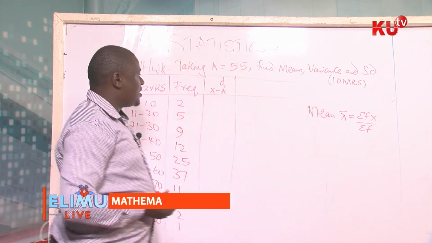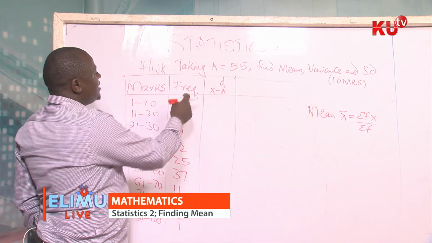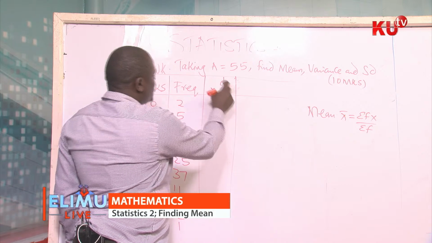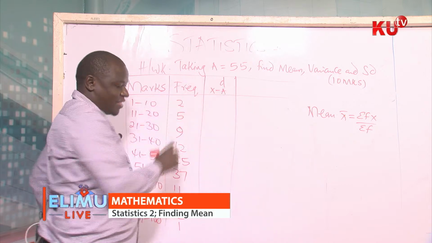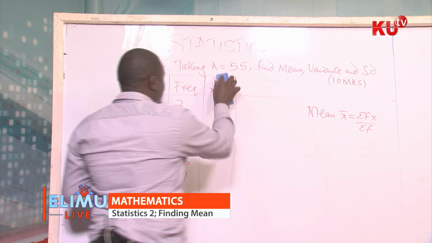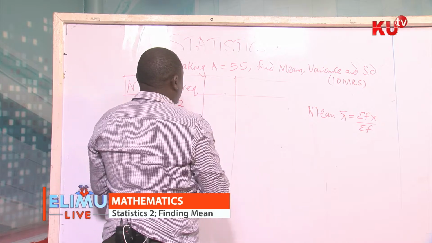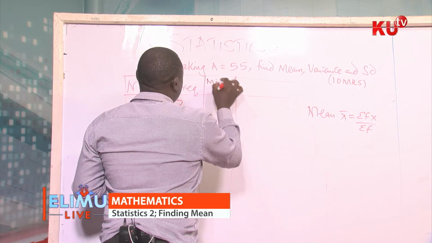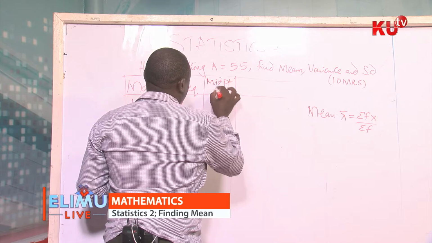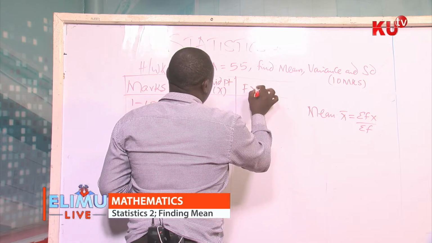The other method that I keep saying is simply getting the midpoint multiplied by frequency. Rather than get this column of D, here you remember we have midpoint first. So you can decide to get fx.